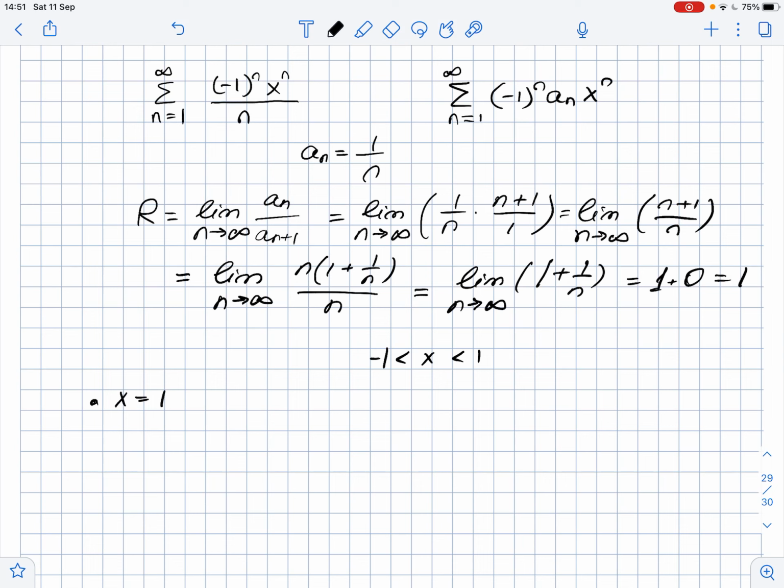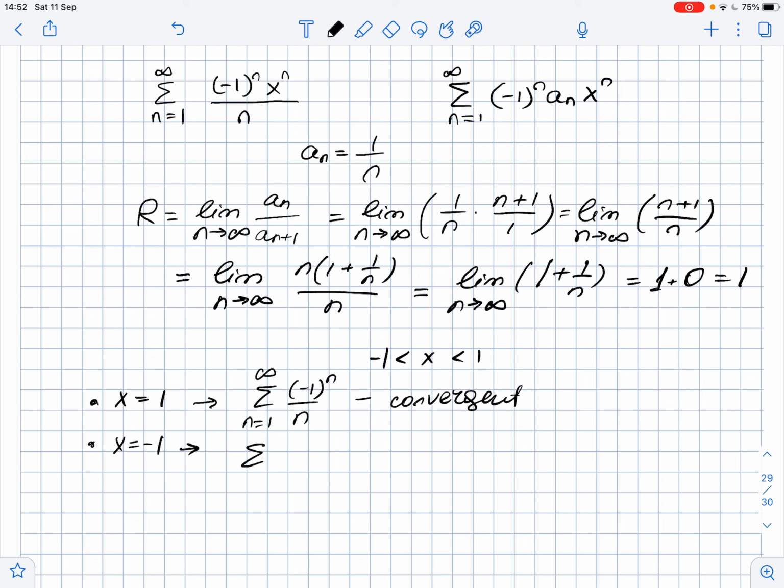But now we need to check the endpoints. At x equals 1, the series becomes the sum of (-1)^n over n, where n goes from 1 to infinity, and it's convergent.